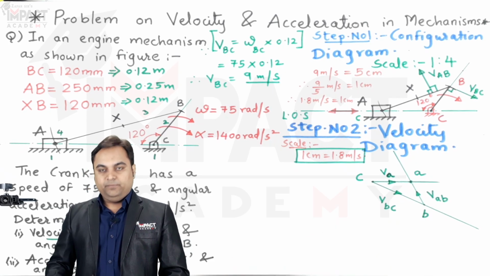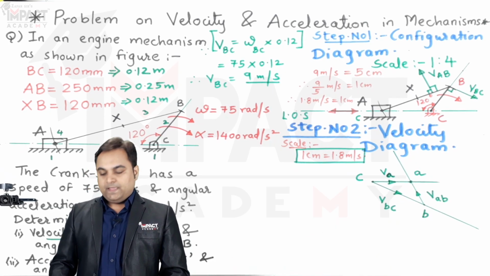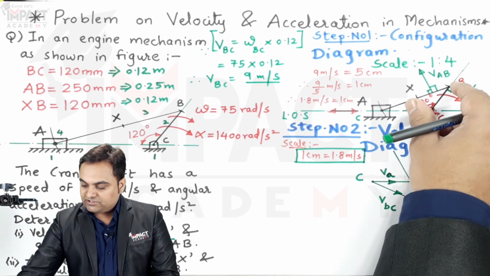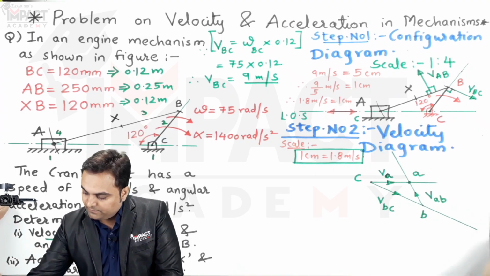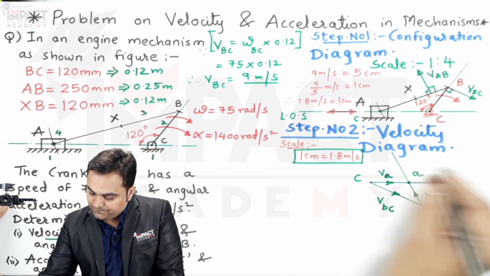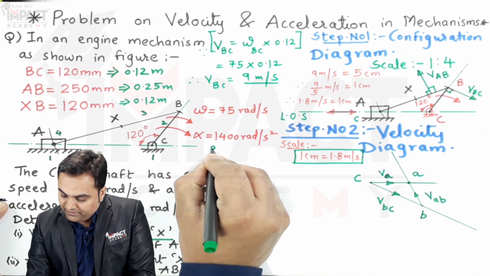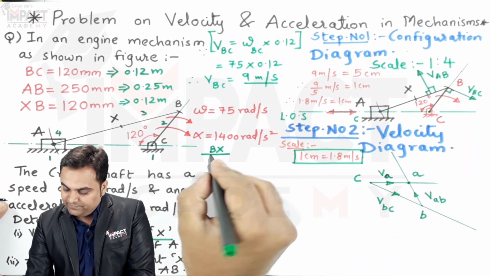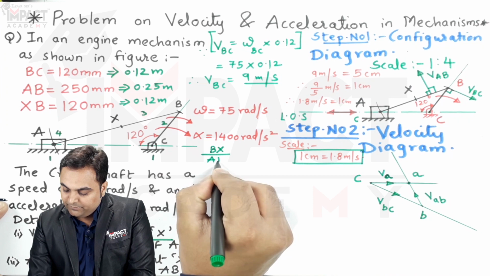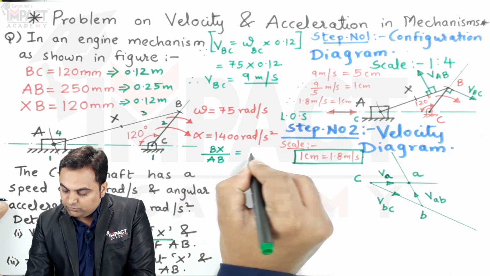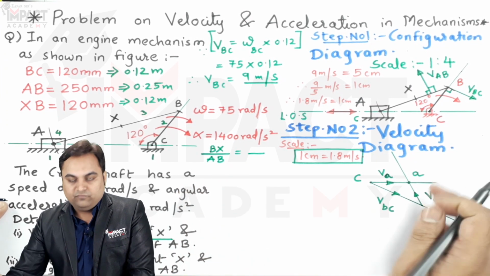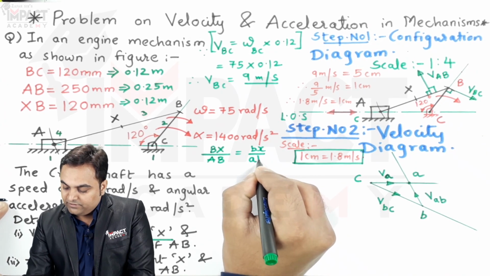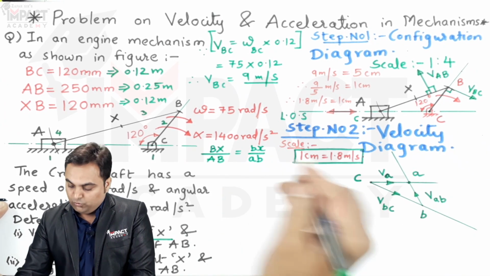For that, the method which I am using here is by using the concept of similarity, that is, we know the distance BX, so I'll say that the bigger distance BX, that is capital BX, upon the total length which is AB, capital AB, is equal to small bx, which we have to find out, upon small ab, that is what we originally know.